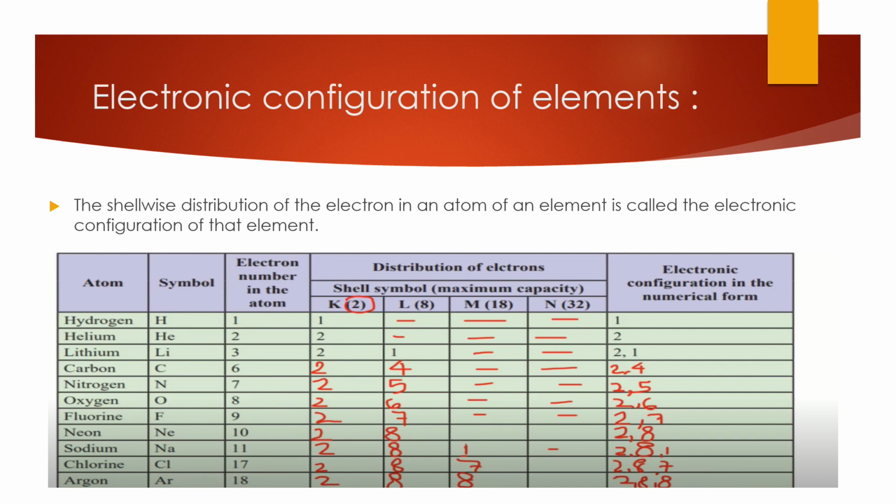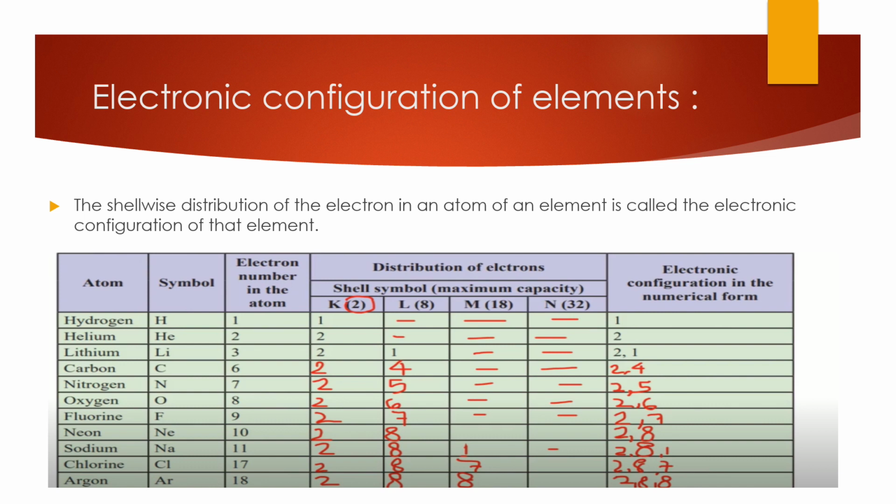So now you know how many electrons are present in an atom. If you want to divide those electrons into the various shells, you have to consider the maximum number of electrons that can be occupied by that shell, and that is called the electronic configuration of elements.